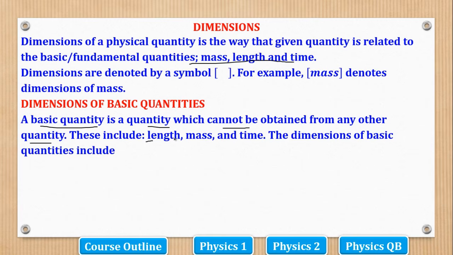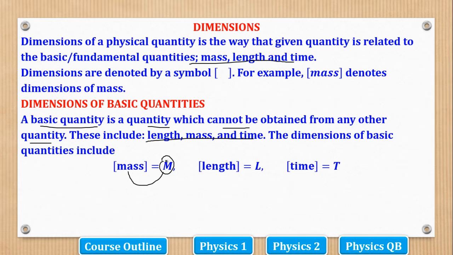Their dimensions include the following. For mass, the dimension is capital M, and the unit is kilogram. Length, the dimension is capital L, the unit is meter. Time is capital T, and the unit is second.